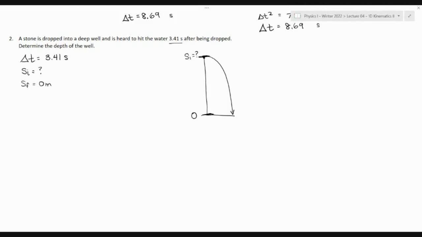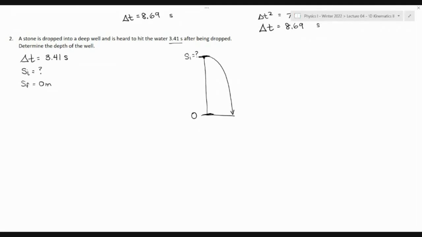This question is making an assumption that the speed of sound is so fast that when you hear the stone hit the bottom of the well, it's immediately after it hits the bottom. So as soon as the stone hits the bottom of the well, we're assuming we heard it right away.